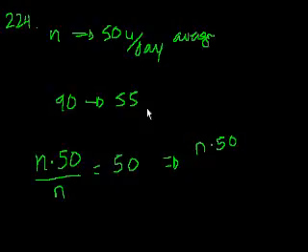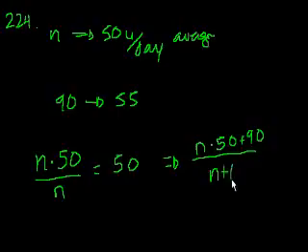And I want to add the production for today, that is 90, and now I'm going to divide by n plus 1 days. And now the new average is 55.